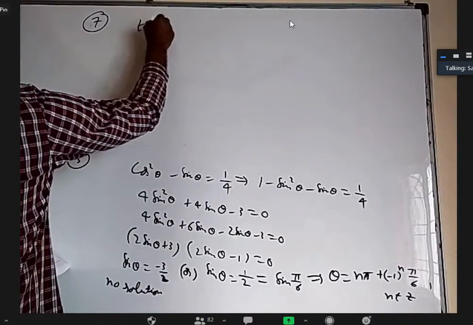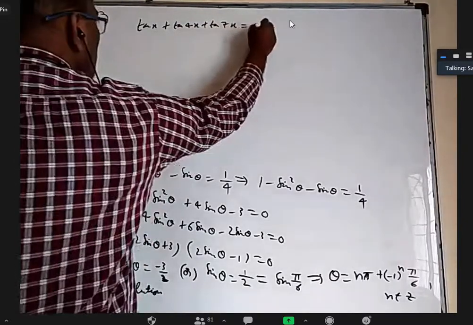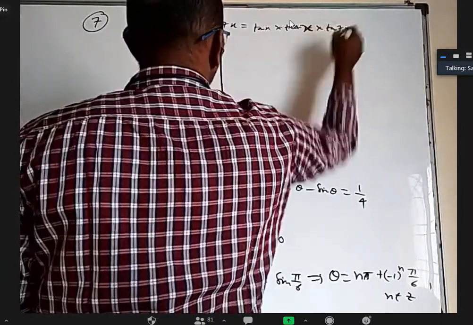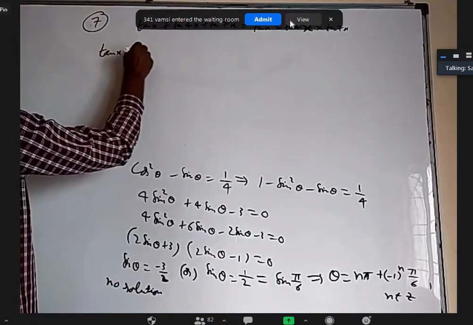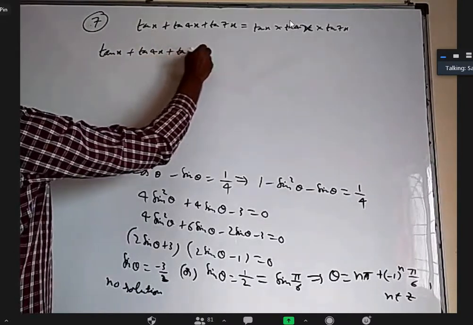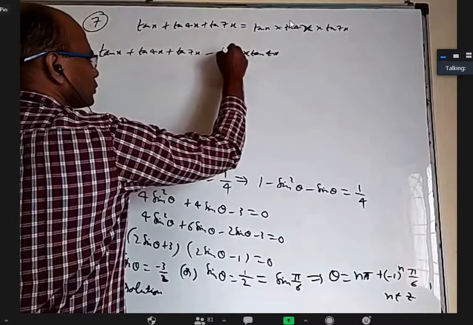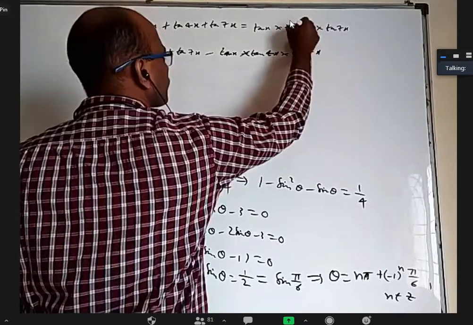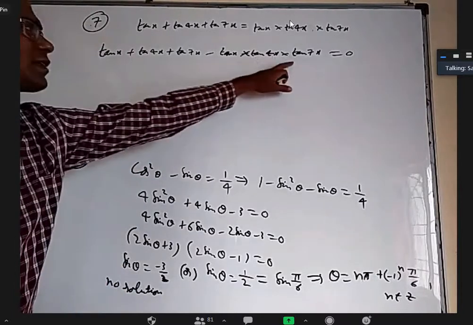So they gave tan x plus tan 4x plus tan 7x is equal to tan x into tan 4x into tan 7x. When you bring everything to the one side, you will get tan x plus tan 4x plus tan 7x minus tan x into tan 4x into tan 7x equal to 0.